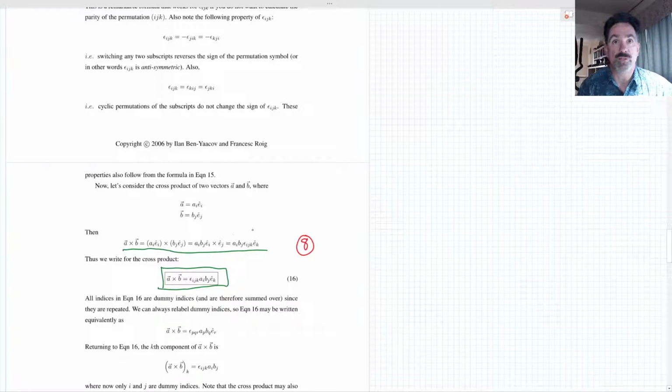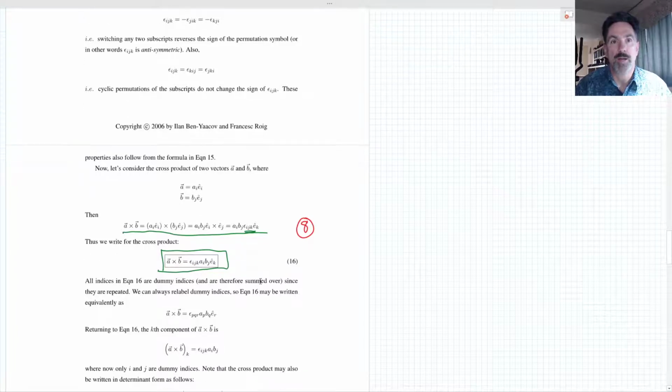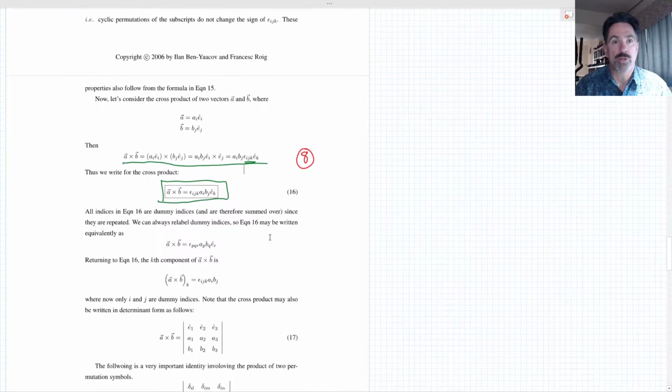From the previous result, we realized that e_i crossed with e_j is simply this permutation tensor times e_k. Now, the a_i and b_j are just scalars, so I can bring those to the inside, which gives me this result. Again, I think this result is important, and you'll see why. There's a bit of a summary at the end of this, which is somewhat clever and intuitive. So I would certainly know that result for cross products. I'd know the basic dot product, the basic cross product, that kind of information.